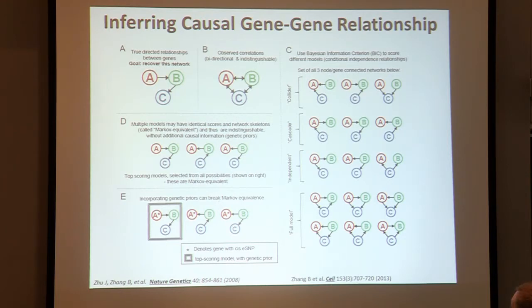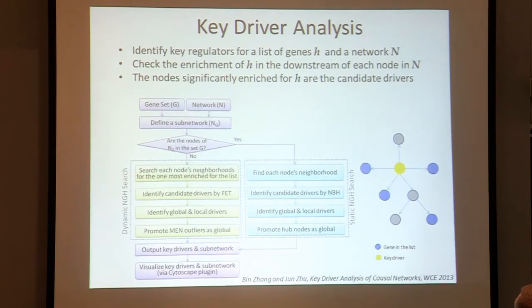In the 2008 Nature Genetics paper, Zhang showed that if you integrate gene expression, genotype, transcription factor, and protein interaction data, you get the most predictive causal Bayesian network. So this is a short introduction to causal networks.